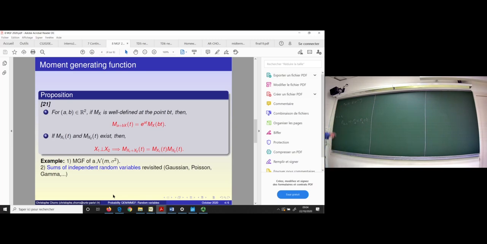So this little relation will be a powerful tool to compute the distribution of a sum of two independent random variables. Together we did this for the Poisson in the previous session. I recovered the fact that if I have a Poisson of parameter lambda 1 and a Poisson of parameter lambda 2, if they are independent, the sum is a Poisson of parameter lambda 1 plus lambda 2.